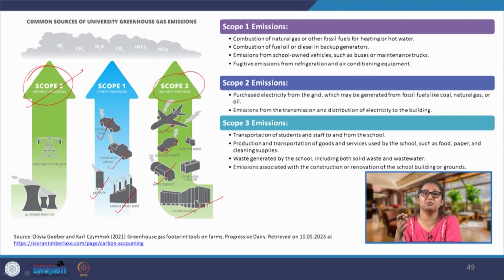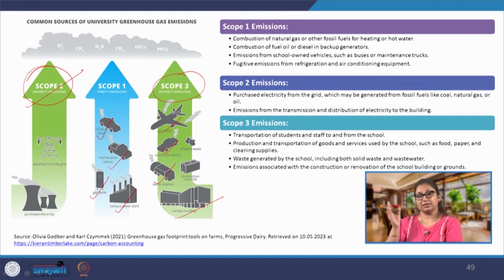For example, if we use materials which are highly energy intensive, for example metals, for example glass, which are processed in industries, they require very high temperatures or a lot of energy to be processed to be used in a particular form, all these materials would have very high scope 3 emissions which are linked to them.